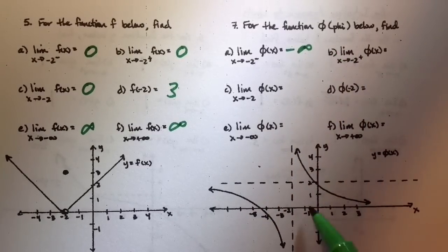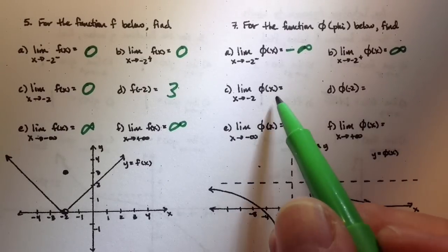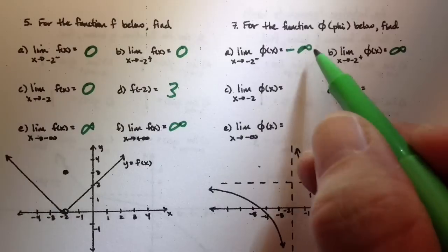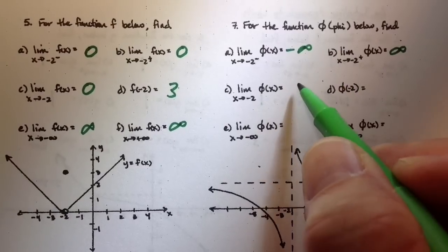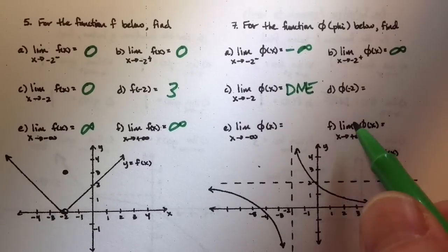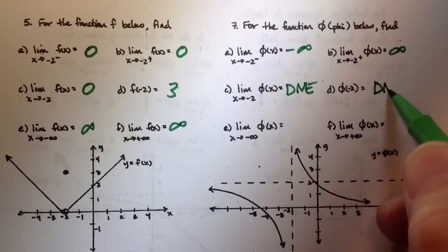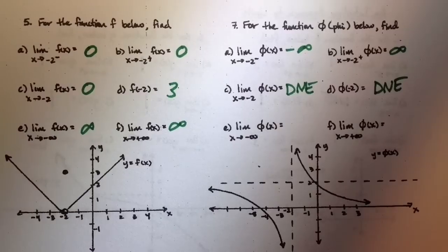X approaches negative 2 from the right, y values are going to positive infinity. And so therefore, it can't get any farther away than negative and positive infinity, so we have d and e for the limit there. Phi of negative 2, there is no output, so that is also d and e.